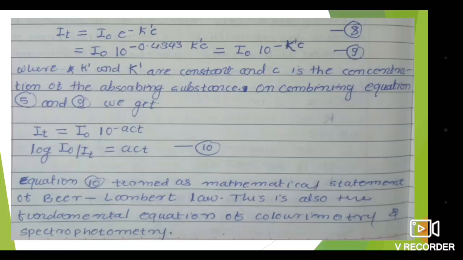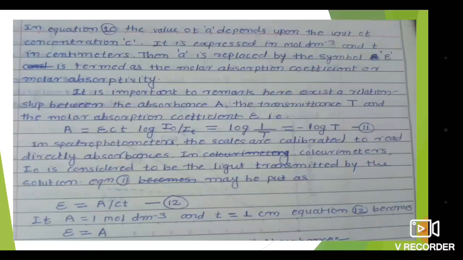On combining equation 5 and 9, we will get IT is equal to I0 10 to the power minus ACT. So log of I0 upon IT is equal to ACT. Equation 10 is termed as the mathematical statement of the Beer-Lambert law. This is also the fundamental equation of colorimetry and spectrophotometry.